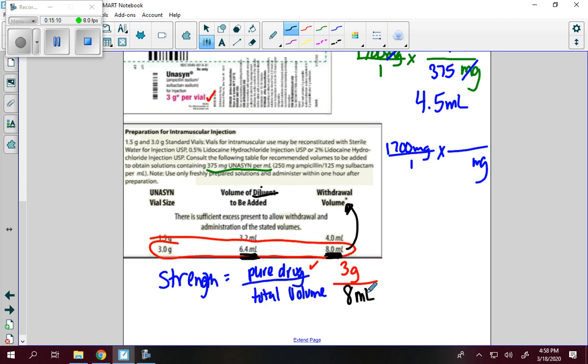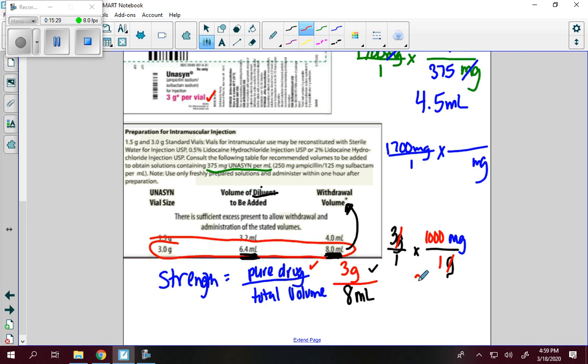So you can also use this for this. However, you have to get this 3 grams into milligrams. And the grams to milligrams, you know that for every 1 gram there are 1,000 milligrams.